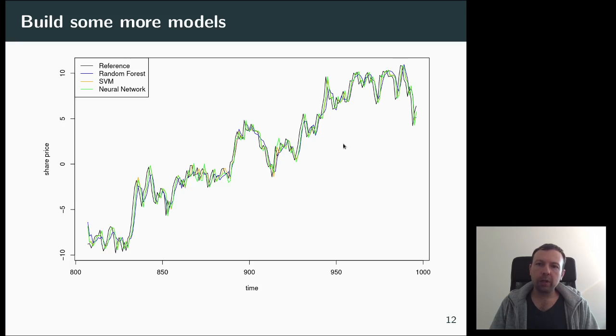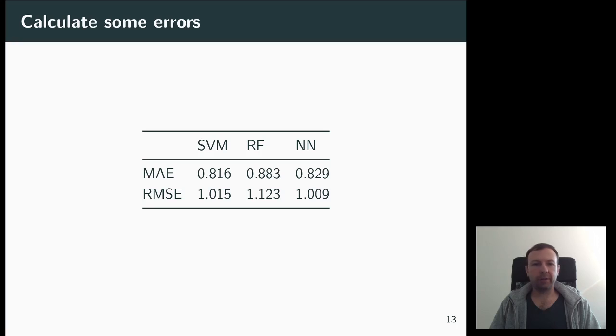That's the blue one. But in general, it's quite difficult to say which one works better, and they all seem to be reasonably okay. So let's have a look at some errors. I've calculated here the mean absolute error and the root mean square error. And we see, on the RMSE, it seems the neural network is best.